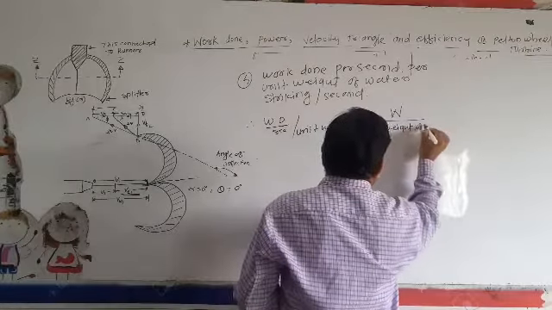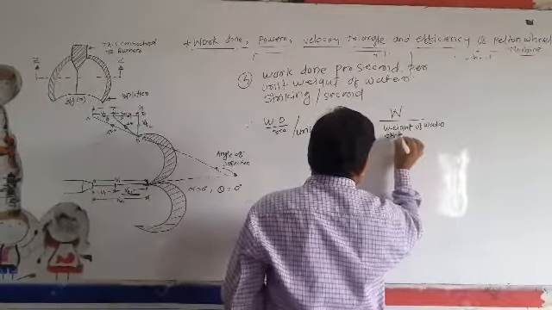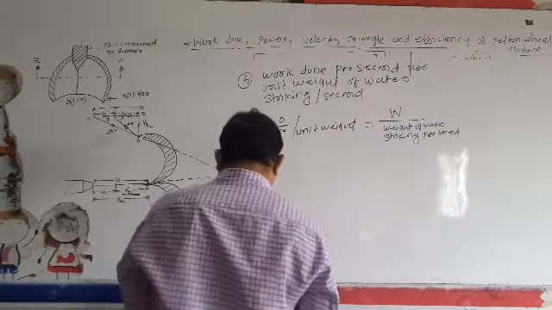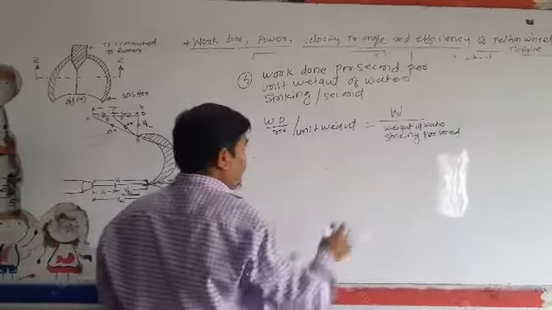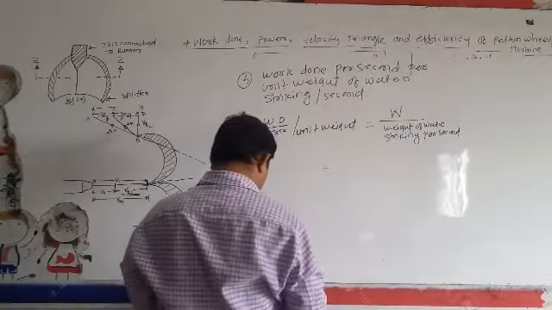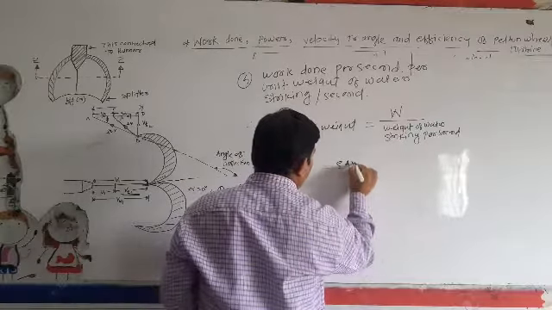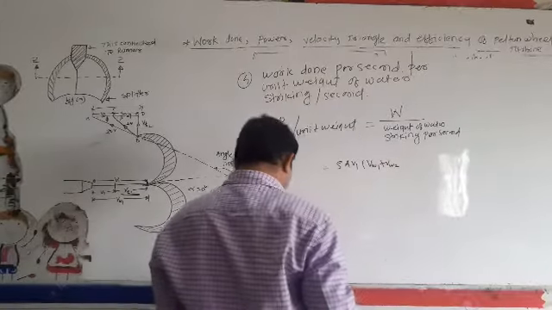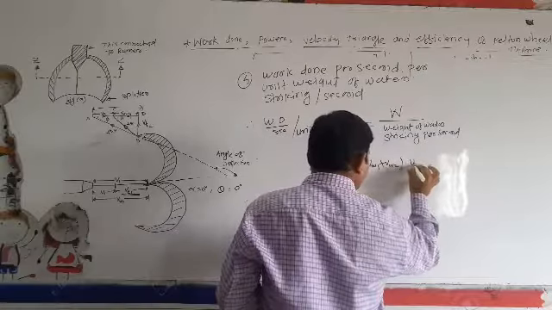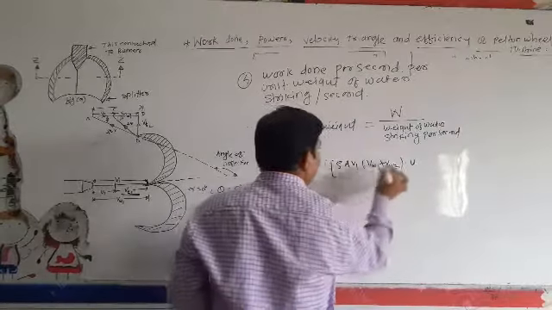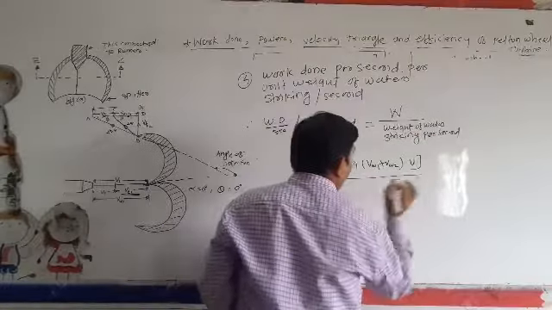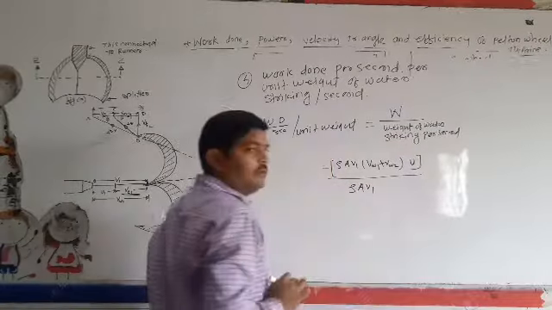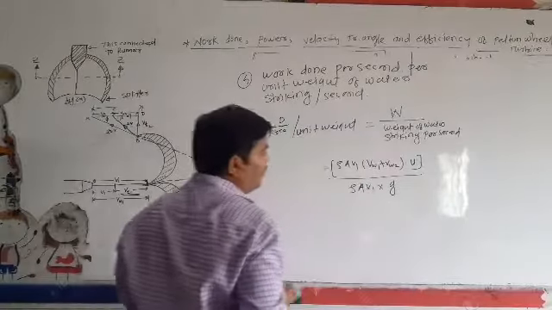The work done is equal to rho a v1 (Vw1 plus Vw2), that is the velocity components, into velocity of bucket u, divided by the weight of water striking per second, which is rho a v1 into acceleration due to gravity g.